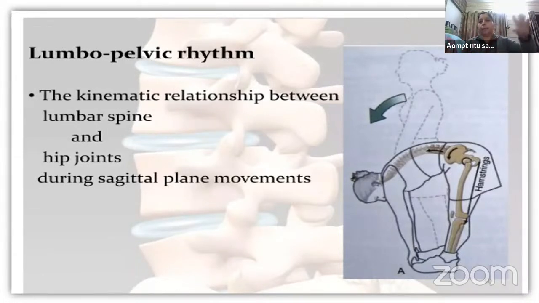Some people have tightness in the hamstring. When the patient is tested with the flexion test itself, we check whether only the lumbar spine is moving. Or when we do form and force closure testing, we just hold the pelvis and then the patient does the movement. So we see whether only the lumbar spine takes part during the bending, or the pelvis is also moving.